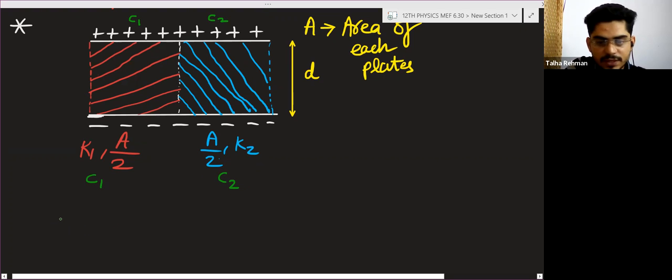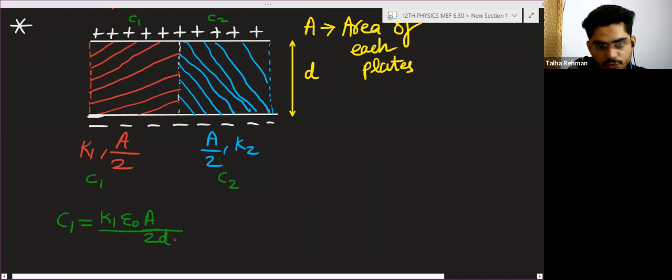If I want to calculate C1, then we have the formula K epsilon naught A by d. K is here K1, epsilon naught, area A by 2, and distance d will remain same.